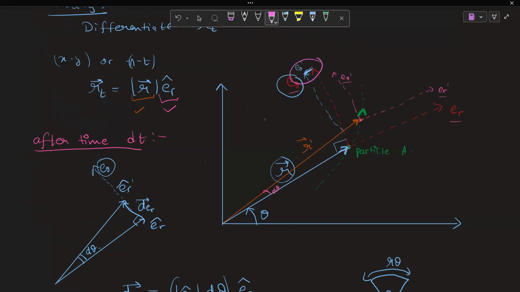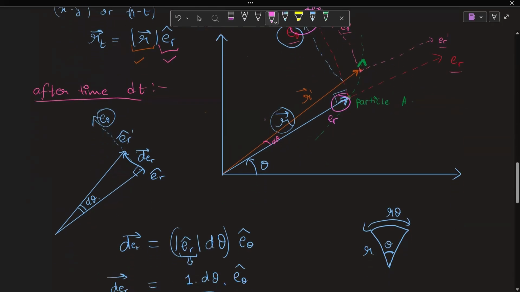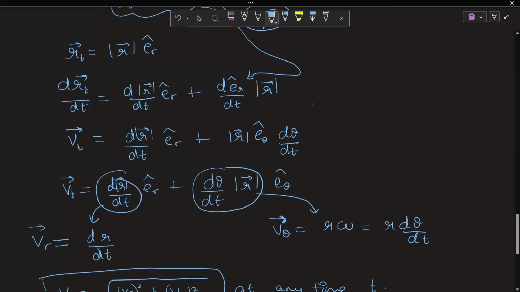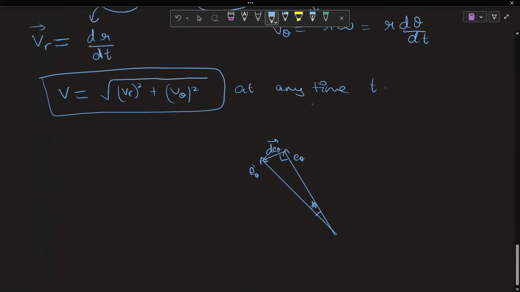This direction and this direction are parallel and opposite. See, d E theta and E_r basically have opposite directions. So if we go back to the problem, this direction is basically in the negative direction, minus E_r cap.